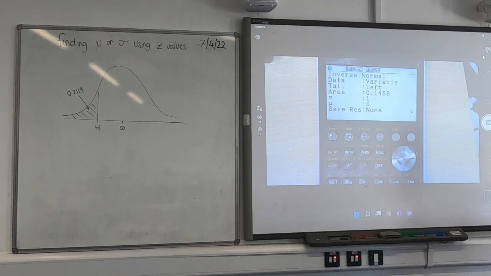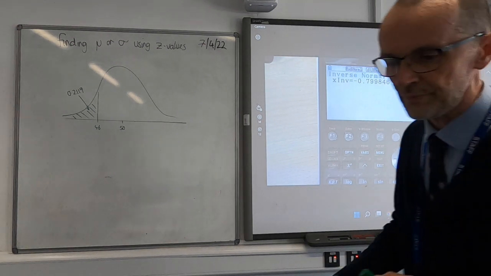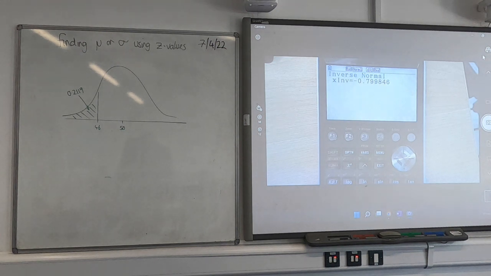So in my case, this is a left tail problem, and my probability is 0.2119. That gives me the Z value. And if I look at the table, the Z values are rounded to 4 decimal places.